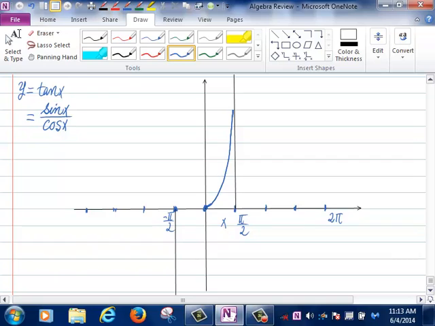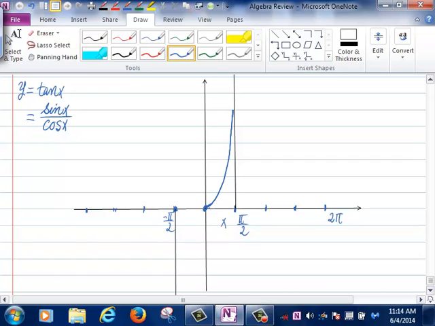And then when x is close to negative pi over 2, from the right side of negative pi over 2, think about it like this: here's the circle and here's the x-axis, negative pi over 2 is here, right? Because when x is close to negative pi over 2, on the right side of negative pi over 2, it means the angle is in the fourth quadrant. So cosine x is positive and close to 0. However, sine is now negative, right?